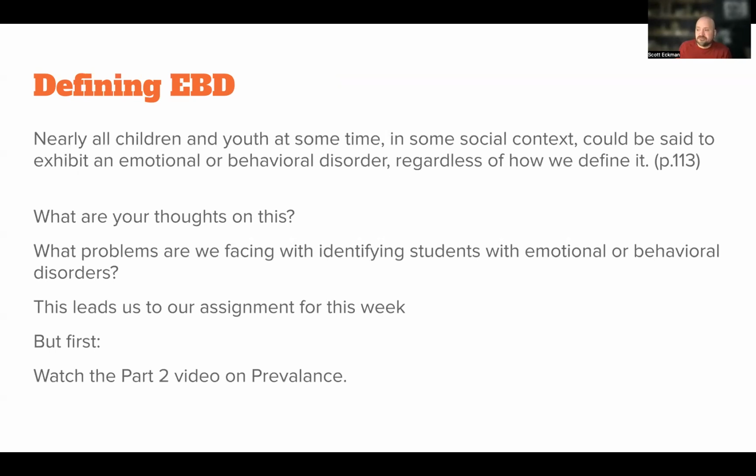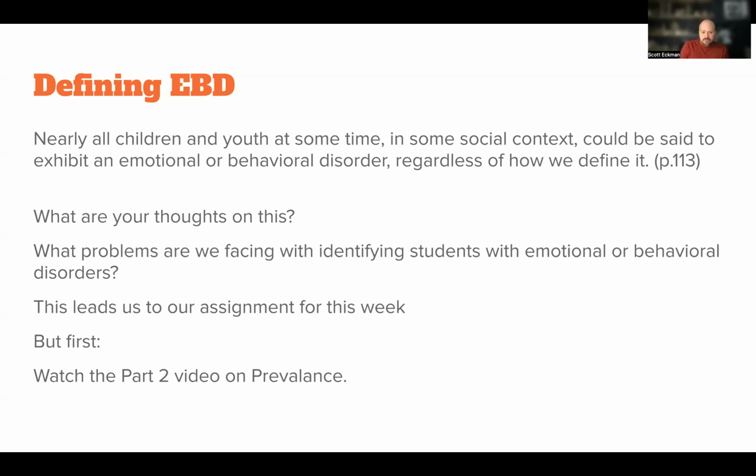So that kind of brings us to this idea of prevalence. As mentioned, with the current definition, there could be students that are not being identified. And I thought it was interesting that the authors talked about how nearly all children and youth at some point in some social context could be said to exhibit an emotional or behavioral disorder, regardless of how we define it.